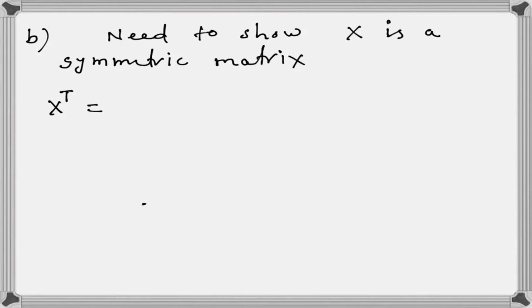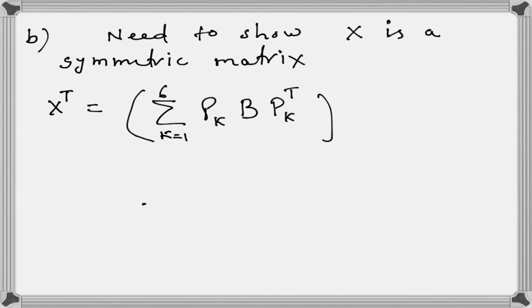So X transpose, where X is the sum over K equals 1 to 6 of PK B PK transpose, and this is the transpose. So what is this?